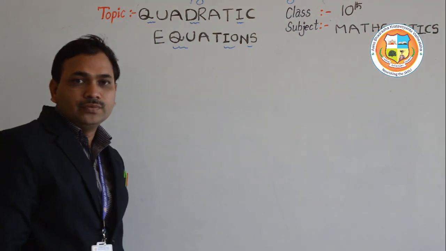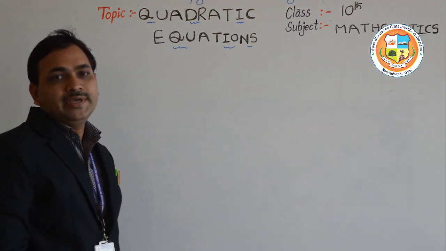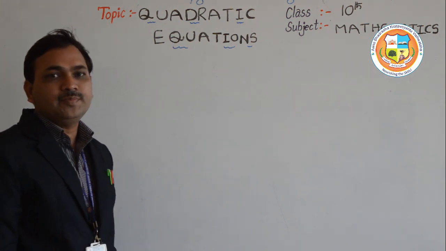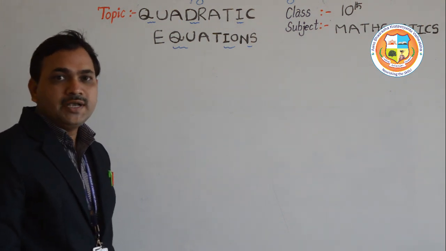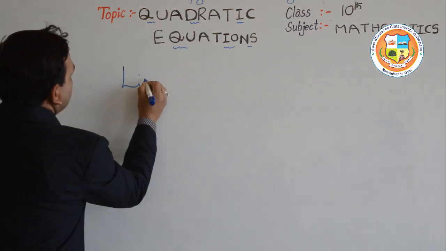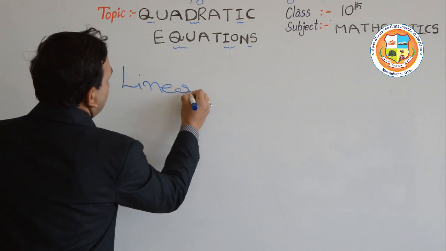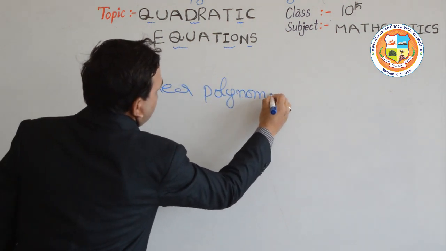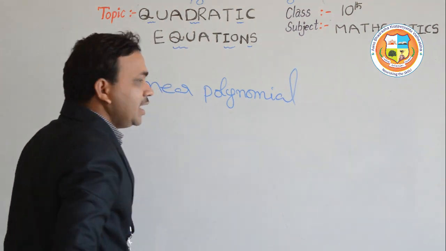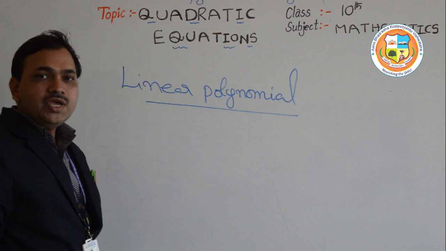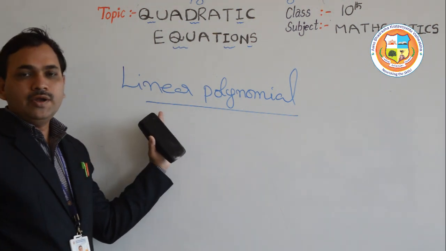In chapter 2, polynomials, we have studied the types of polynomials. One type of polynomial is the linear polynomial. So what is the meaning of the linear polynomial?